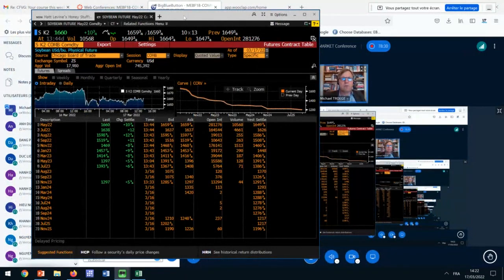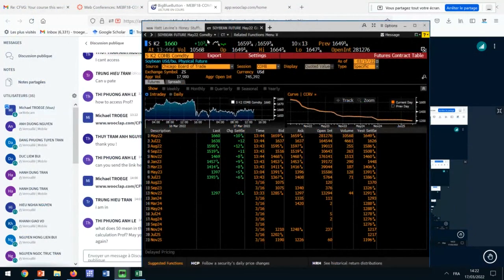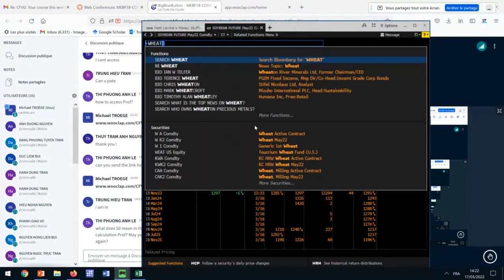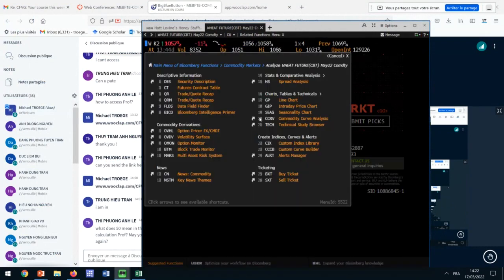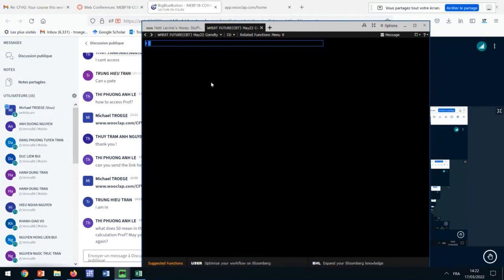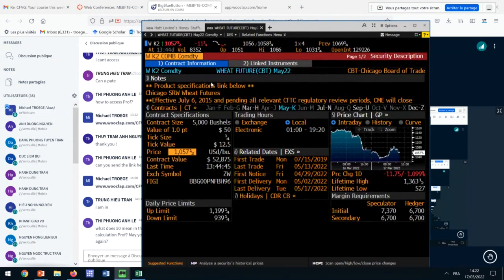If we go to our wheat contract, you see the value of 1 point. 1 point is a 1 cent change in the price, and it is $50.